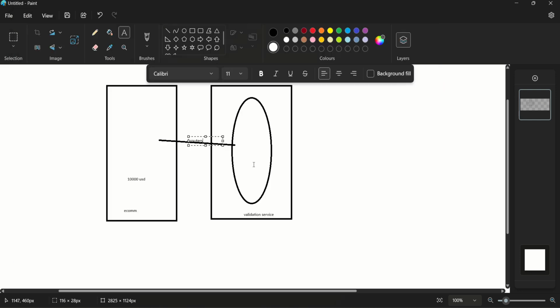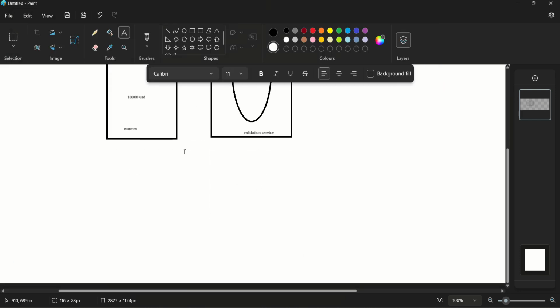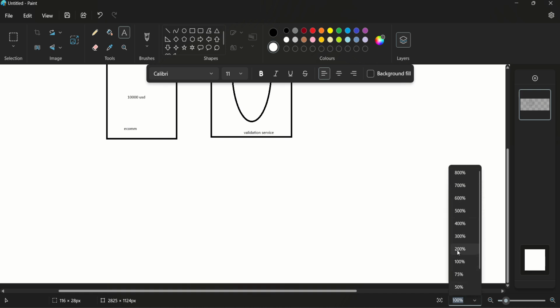I can explain with the help of a diagram.